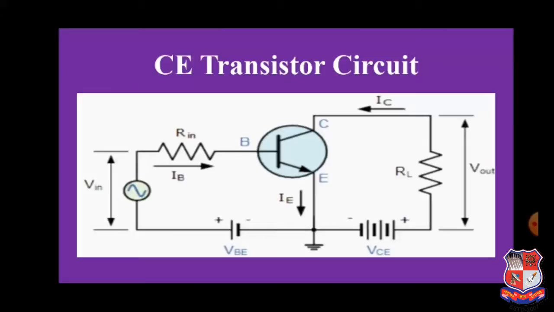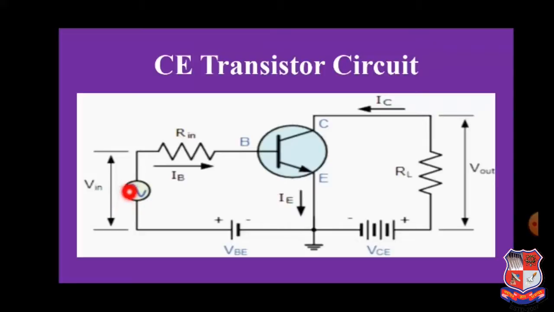So first of all we will see junction number 1, where this is your base terminal and this is the emitter. So voltage source VBE is connected for the flow of electric current towards the base and emitter terminal.